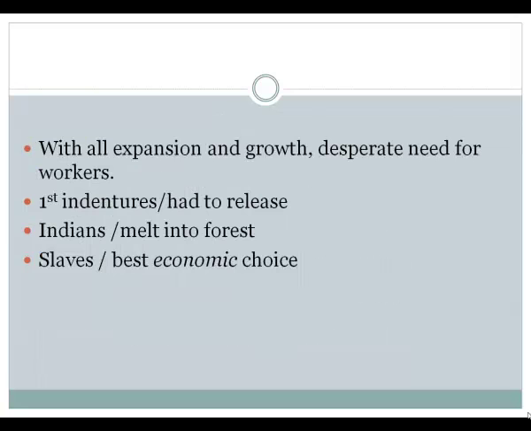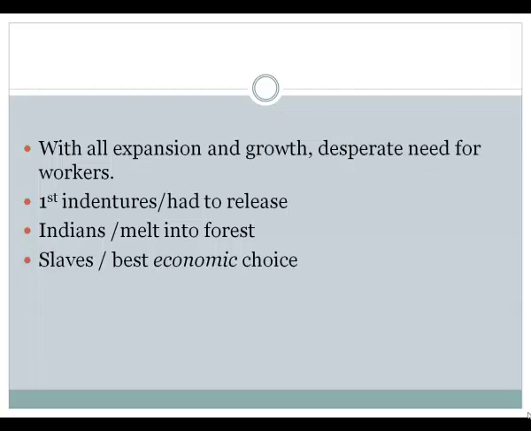And with all the expansion and growth, there was a desperate need for workers. Of course, in the beginning, you had the indentures, and they had to be released after a certain period of time. And before you know it, fewer and fewer came to this land. The Indians, you couldn't get them to work either through slavery or pay, because the kind of work that you wanted them to do, they considered woman's work.